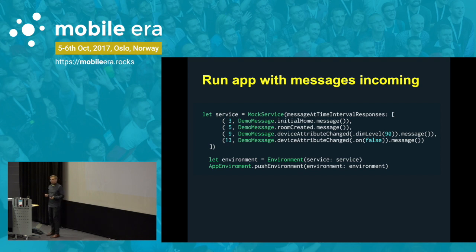Without the time it takes to actually do this stuff. And you can see after 9 seconds we get a device attribute change, a dim level, and here you can just add tons of events. So if we want to try it with hundreds of different events at 5 second intervals, you can do that. It's just adding more events with the mock service.